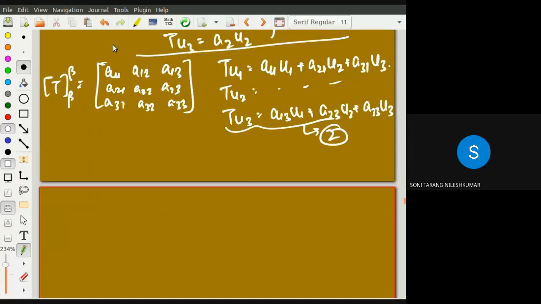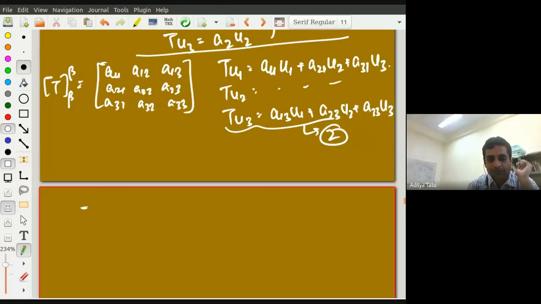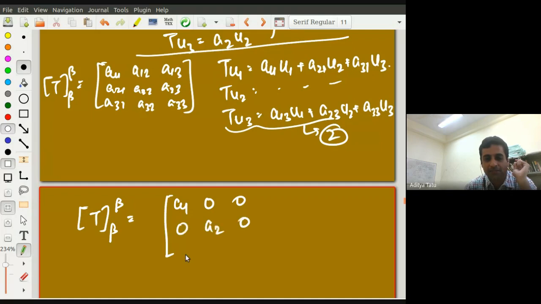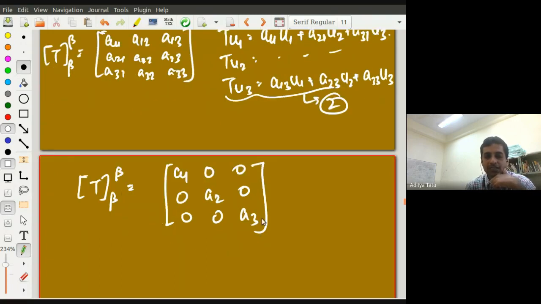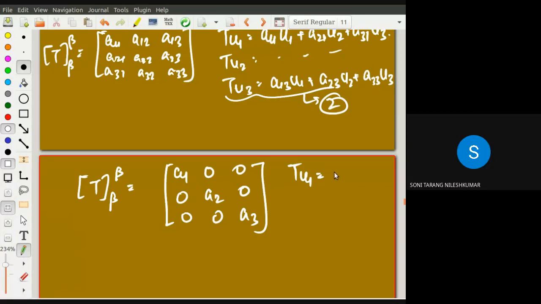What if I gave you a basis beta where you have the matrix becoming something like this? What would TU1 be? A1U1.